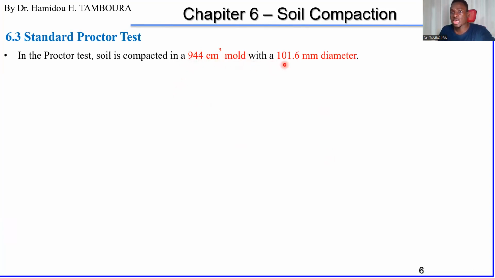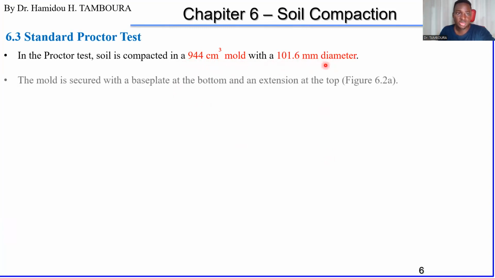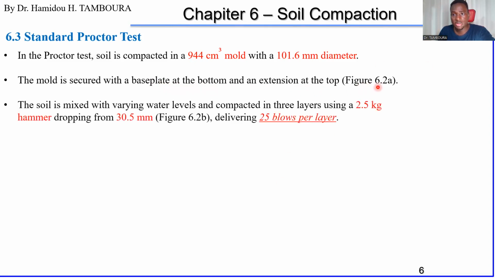And this mold has diameter of 101.6 millimeter. Okay, these are like standard dimensions of the mold. Okay, and the mold is secure with a base plate at the bottom and extension at the top. Okay, we will see this. There is figure that will show what I'm talking about.